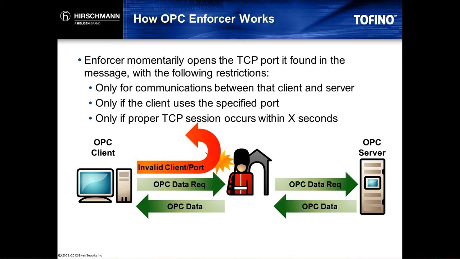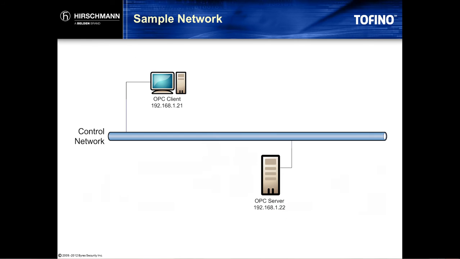And so this makes Tofino OPC Enforcer the first practical tool that's available to provide firewall protection to OPC servers. This means that all those other unnecessary and potentially vulnerable ports, the thousands of ports and the hundreds that are used for many Windows network services, are not going to be open and potentially compromised by malware or other cybersecurity incidents.